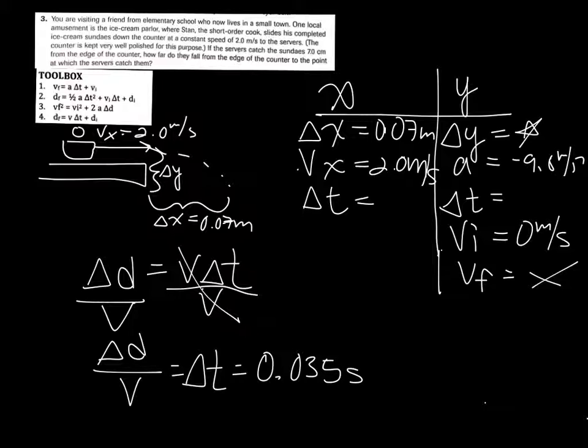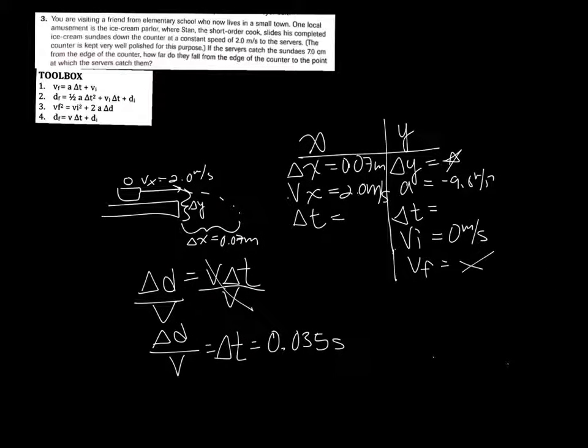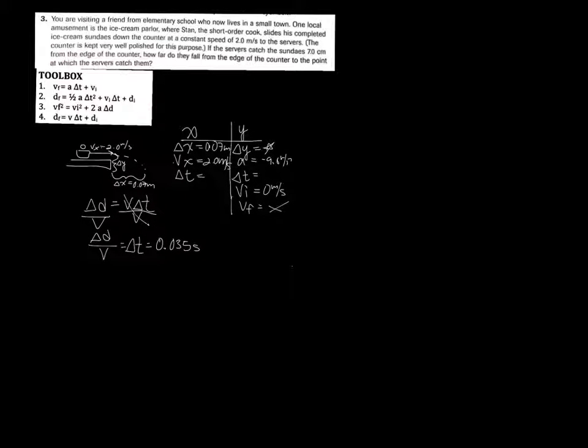Now I can plug that time over into the other side, and I'm given acceleration, time, and initial velocity, and I want to solve for my change in y. I need an equation that solves for change in position in the vertical direction using one of my constant acceleration equations. I don't have final velocity, so I can't use 3. Number 1 doesn't have change in position in it at all, so I need 2.